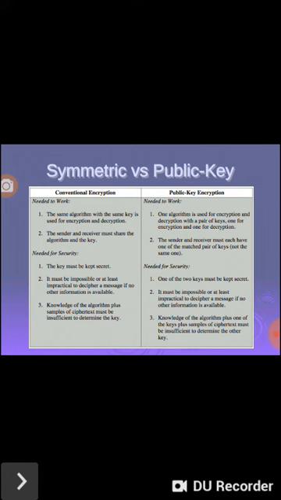But in case of public key, one algorithm is used for encryption and decryption with a pair of keys, one for encryption and one for decryption. The second difference point: in symmetric, the sender and receiver must share the algorithm and the key. In public key, the sender and receiver must each have one of the matched pair of keys, not the same one.